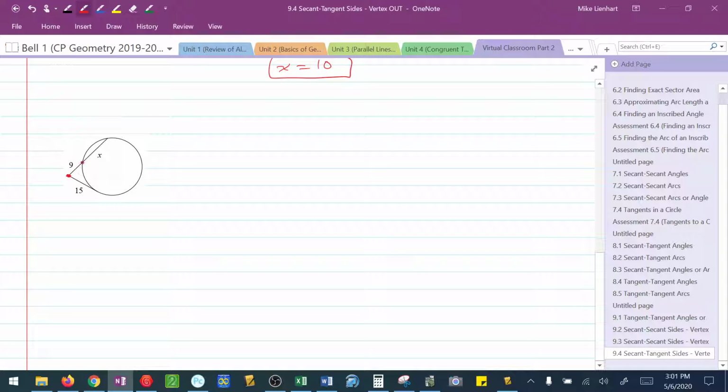Secant-tangent, we're going to measure to the circle, from the vertex to the other side of the circle. So that would be 9 plus x. And that has to equal, on the tangent, to the circle, 15. And to the circle again, 15. So this gives me 81 plus 9x is equal to 225.